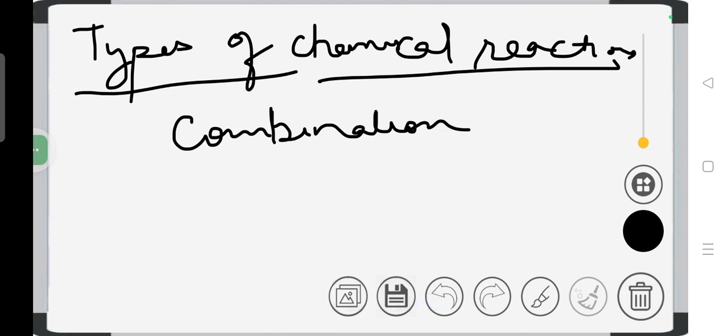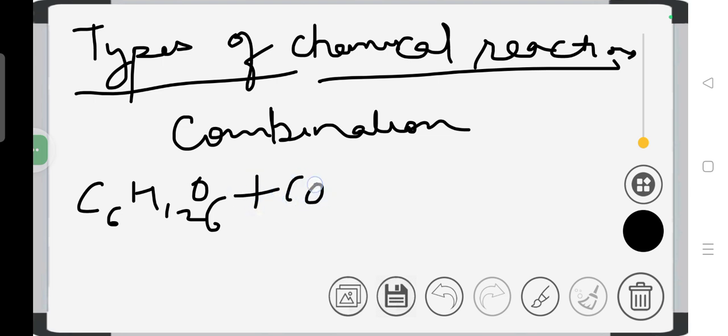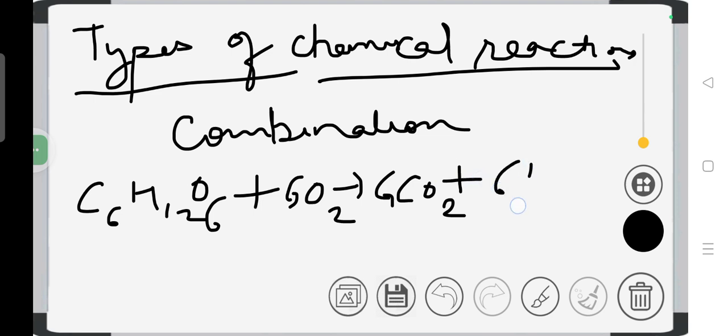In the respiration reaction, C6H12O6, this is the formula for glucose, plus 6O2, gives us 6CO2 plus 6H2O, plus there is a release of heat energy. So this is the respiration reaction, and it is also an exothermic reaction because heat is released here.